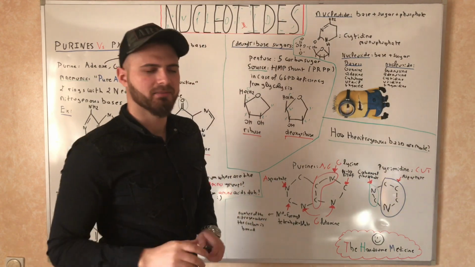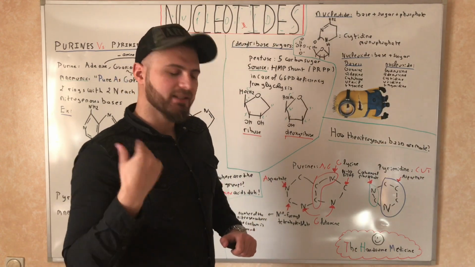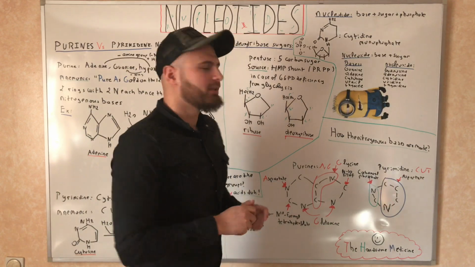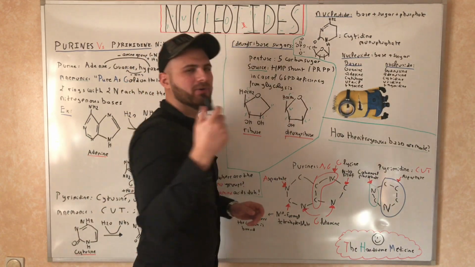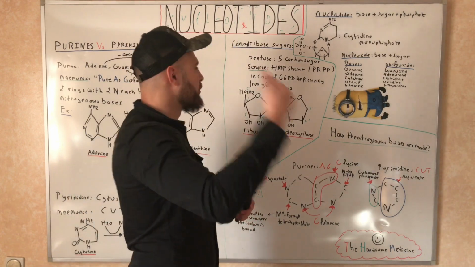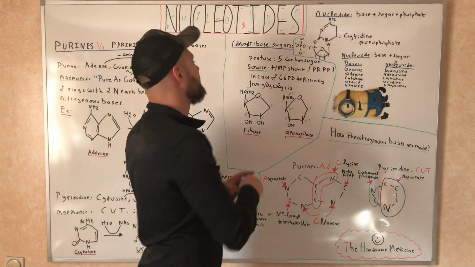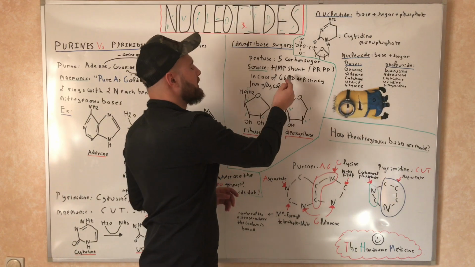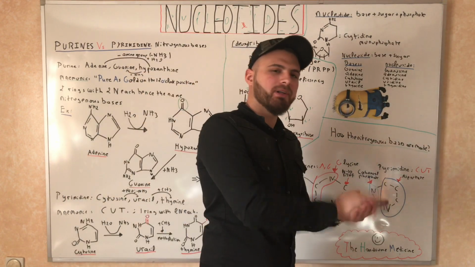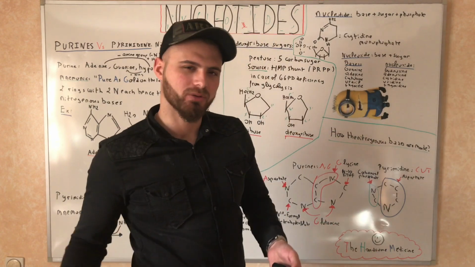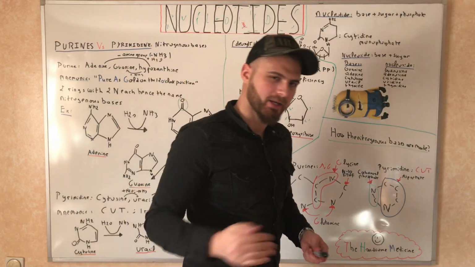In this case, this HMP shunt doesn't work anymore, because the rate limiting enzyme for this shunt, the most important step, if you prefer, is this one of glucose 6-phosphate dehydrogenase. That's where you go from the glycolysis pathway to the HMP pentose phosphate pathway, okay?